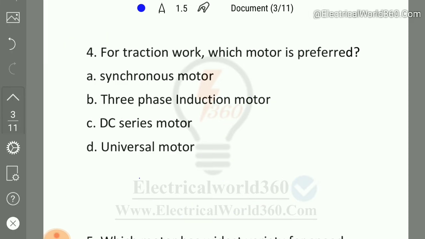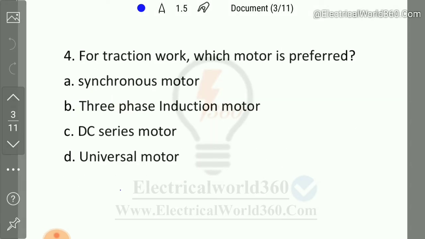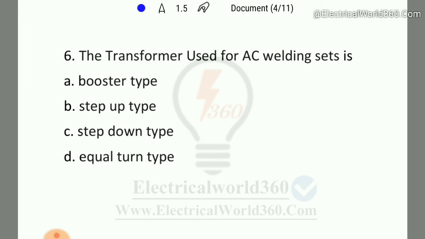So again, coming to the next question. The transformer used for AC welding sets is booster type, step up type, step down type, and equal turn type.